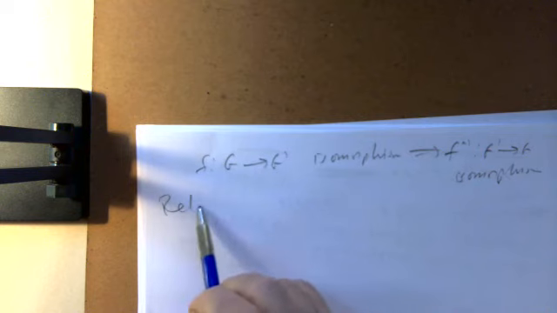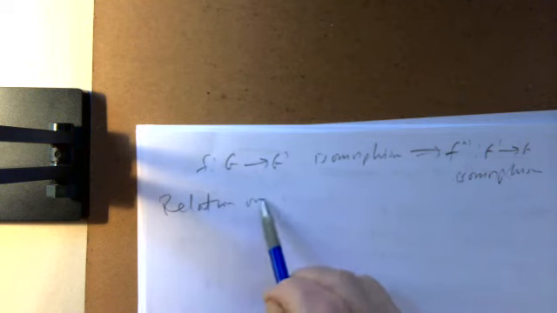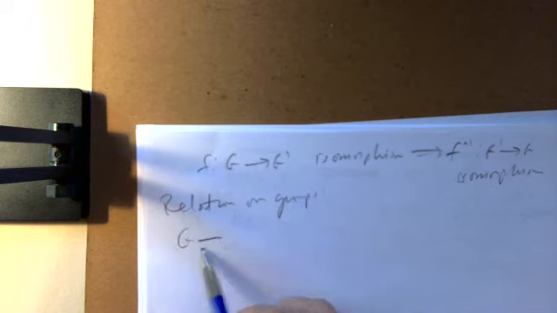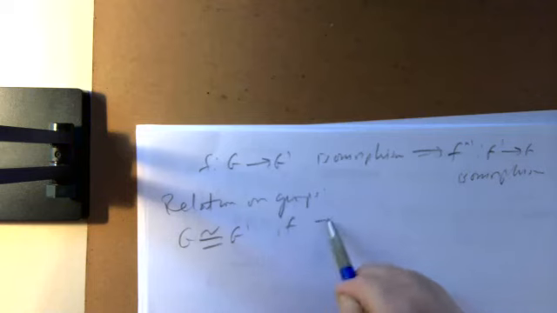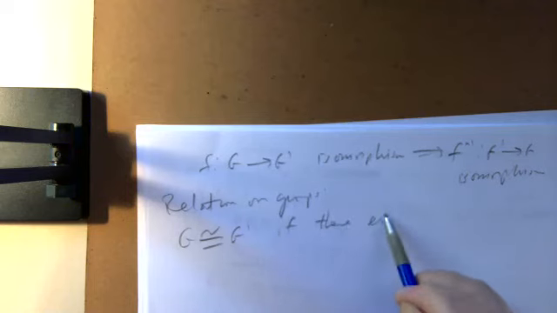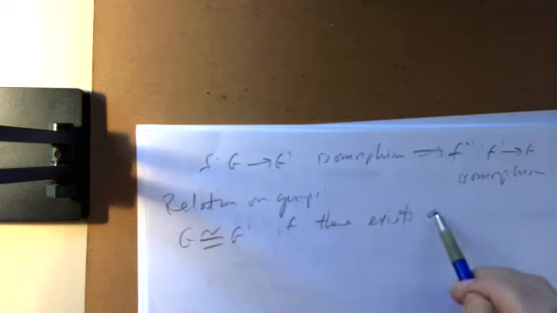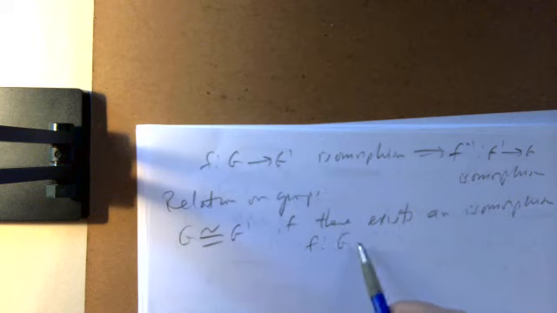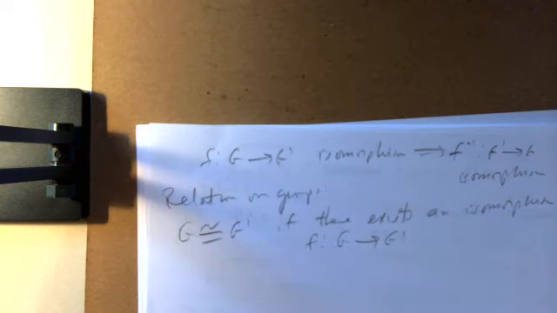And let's define a relation on groups. We say G is isomorphic to G prime if there exists an isomorphism f from G to G prime.